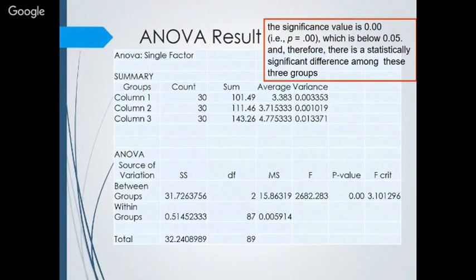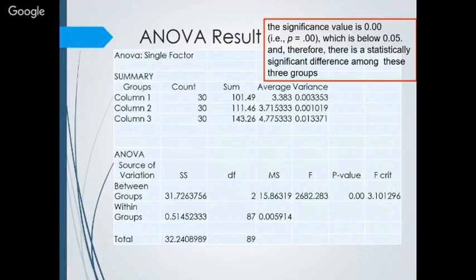So next, below that is the ANOVA result, the source of variation. We already said that between group variation is there, and within group variation is there. SS is the between group variation, and within group variation is also calculated.